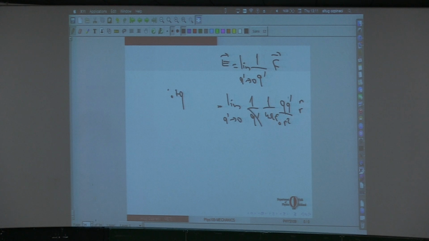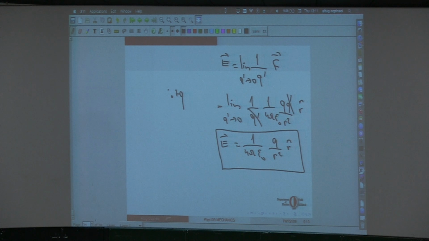And this Q prime, they just cancel. Nothing depends on Q prime anymore. So the electric field of a point charge is 1 over 4 pi epsilon 0 Q over R squared. This is the electric field of a point charge.